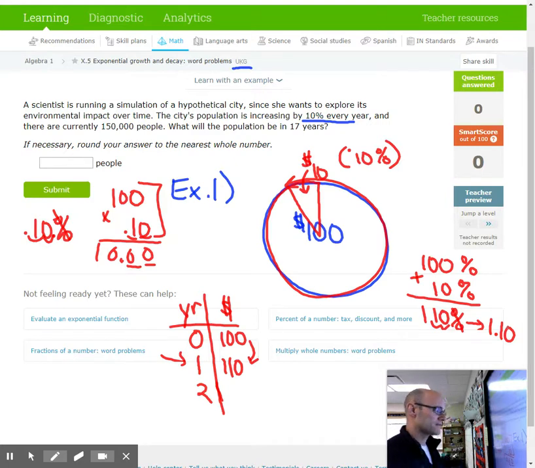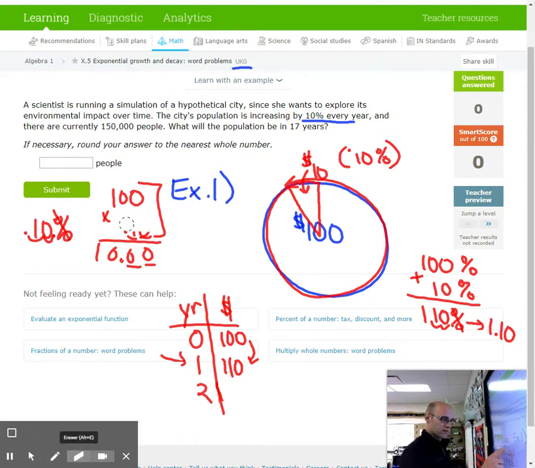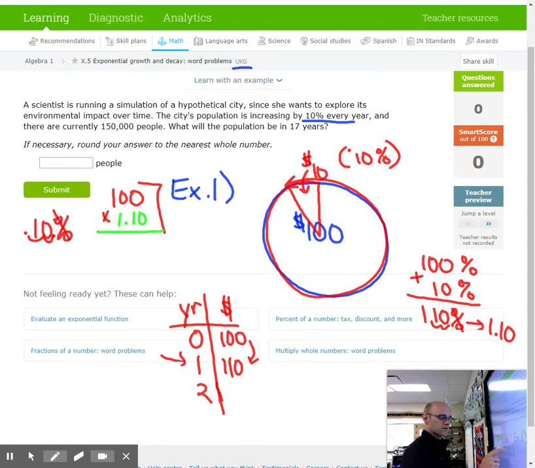I wonder what happens if we would have taken 1.10 times 100. Let's give that a shot and see what occurs here. See if it can get rid of one of our steps. So imagine this. We take 1.10 times 100.